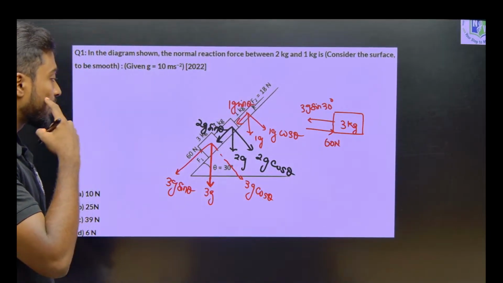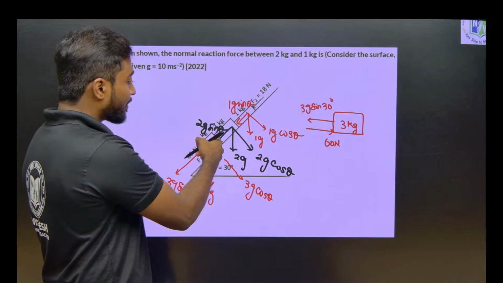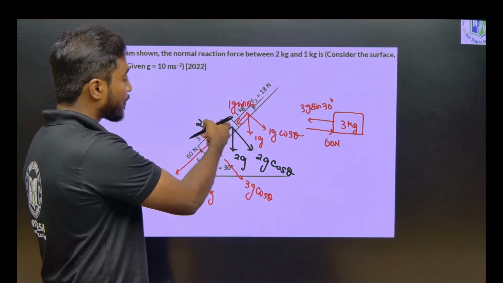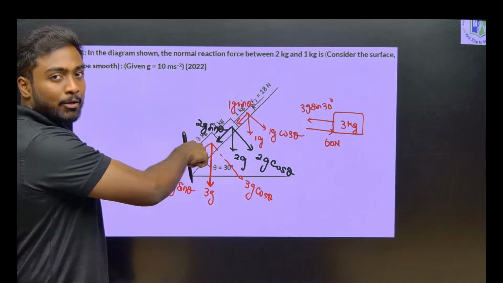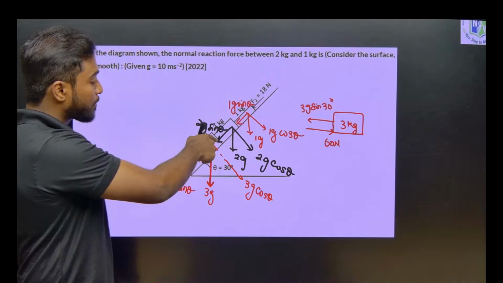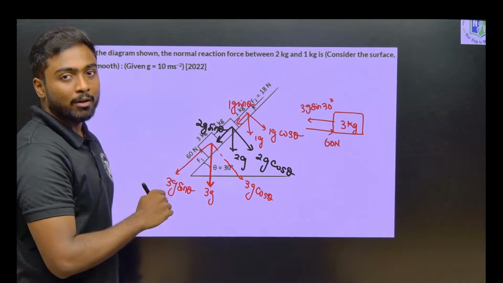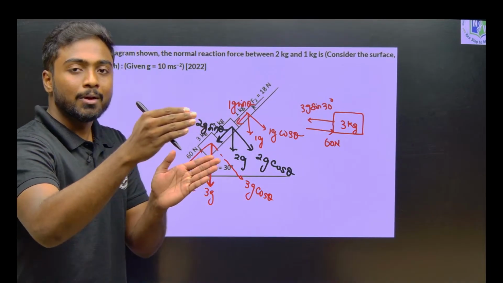Now this is the force 2g sin theta for the 2 kg block. It will act as a normal to this 2 kg block as well as the 3 kg block, so that they move together.